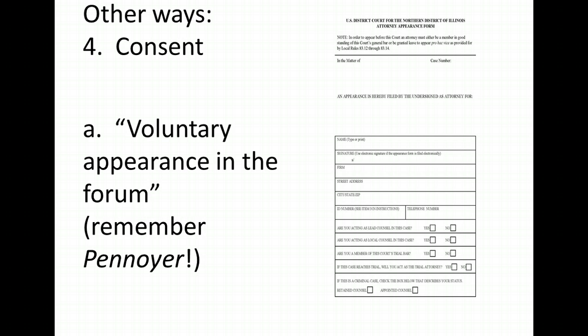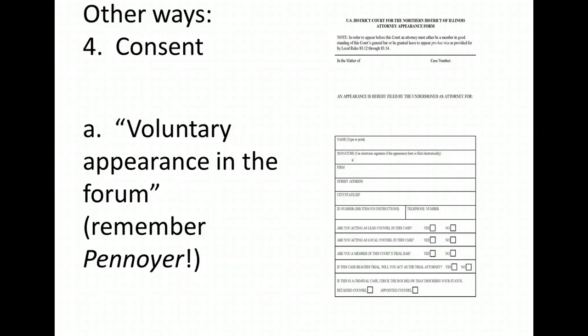Other ways of establishing personal jurisdiction involve consent by the defendant to personal jurisdiction and waiver by the defendant of the defense of personal jurisdiction. So there are many ways to consent to personal jurisdiction, some of them explicit and some of them implicit.